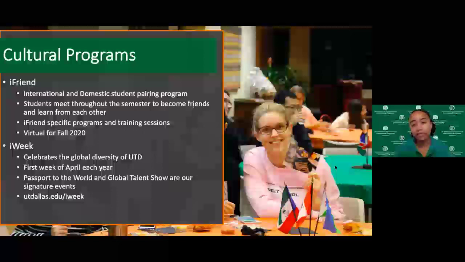Basically, iFriend is a friendship pairing program, where international and domestic students are paired together to learn about each other's cultures, and students meet up. We do have planned and scheduled events where people can join in and participate, but for the most part, we allow people the chance to meet with their friends and get to know them. So it's a great opportunity.